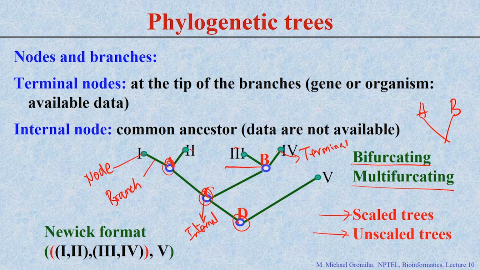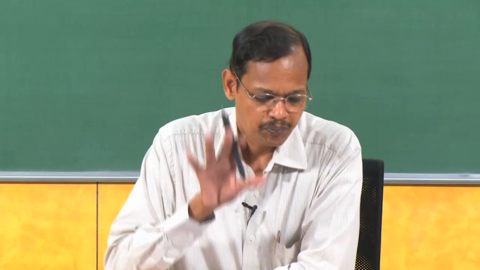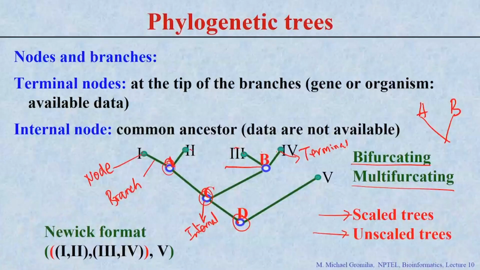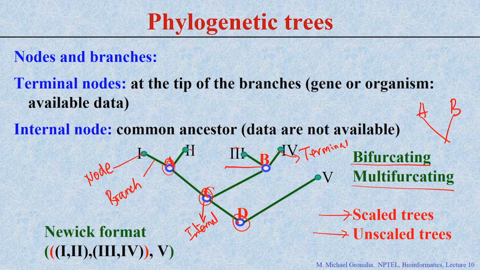So, now if you have a tree, right, making long trees takes space. In this case you can simplify the trees in the form of specific notation, like you can use parentheses. If you write the parentheses, this will tell you how the tree looks like, and this format is called the Newick format. How to write this Newick format?